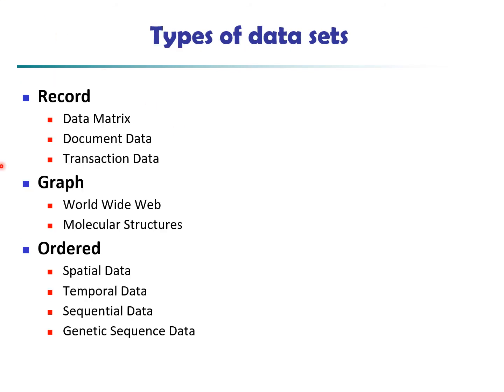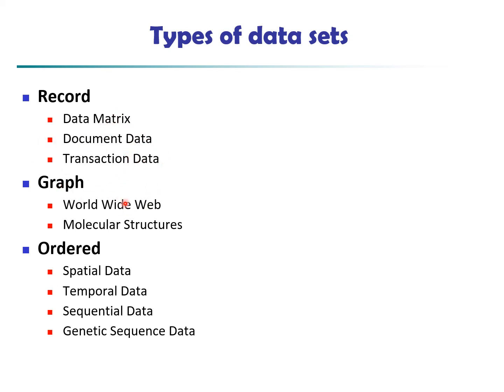Now, we covered the types of attributes. Now we're going to talk about the types of data sets. How do data sets usually look? So we have record data sets, graph data sets, and ordered data sets. And we're going to discuss each one of them in a minute. Record data sets include data matrix, document data, and transaction data.